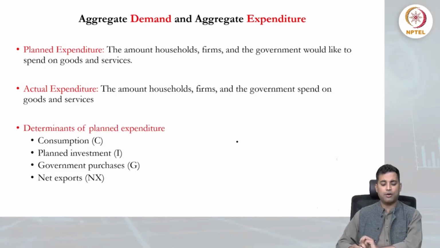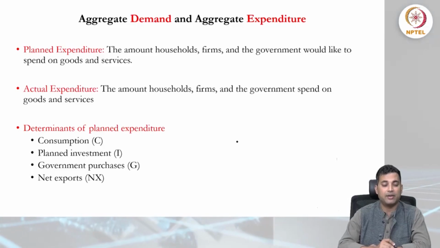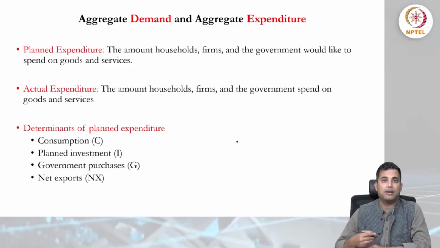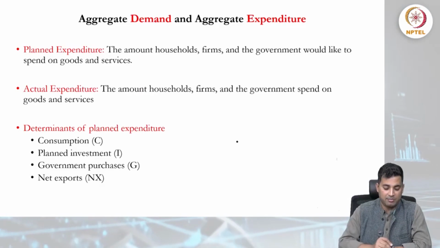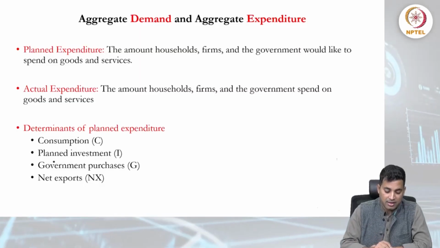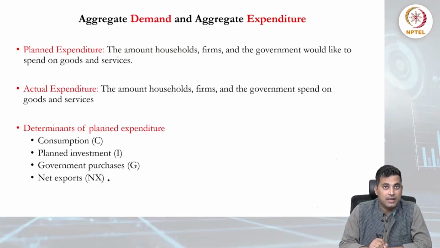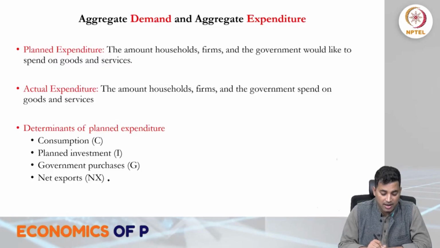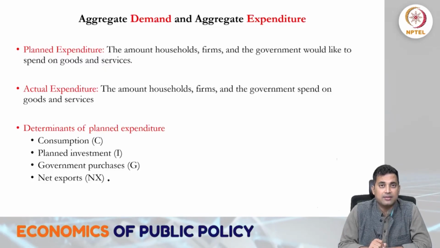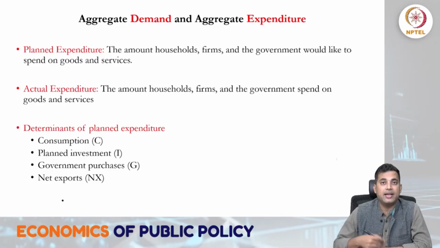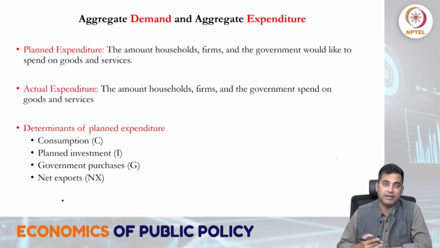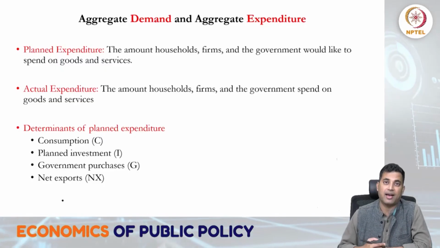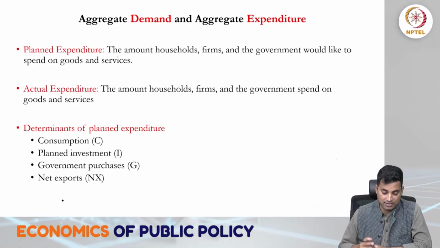The determinants of planned expenditure, the plan that we make, are basically consumption expenditure, capital C, then investment expenditure, capital I, then government purchases, capital G, and in case of an open economy, net exports that we represent as NX.